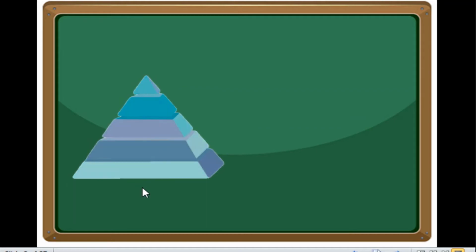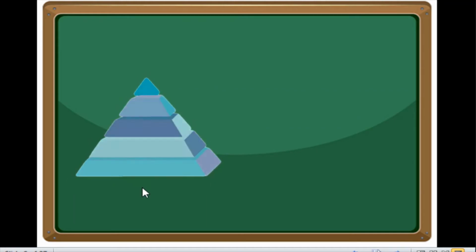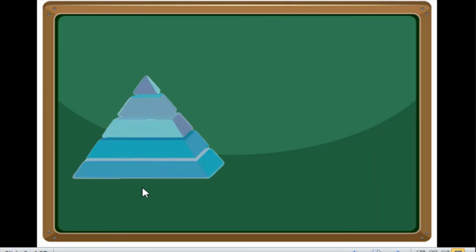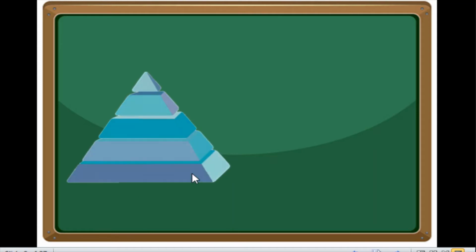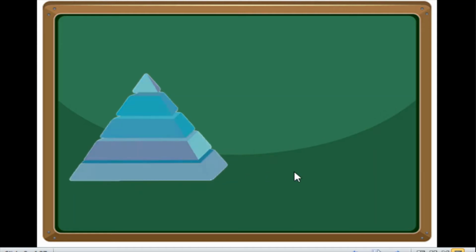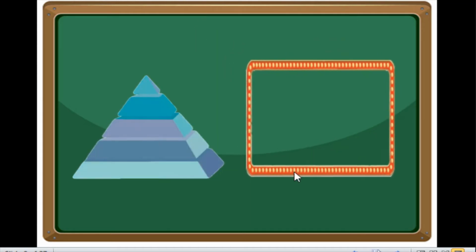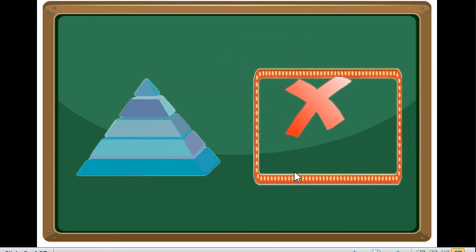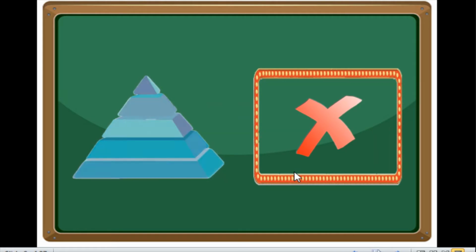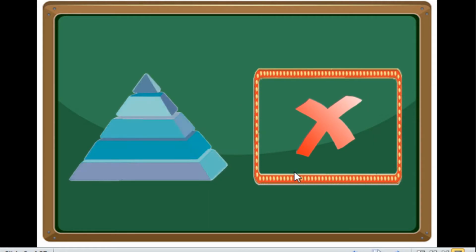How about this figure? Is this figure an equiangular quadrilateral? Yes or no? Alright, it is not an equiangular quadrilateral.